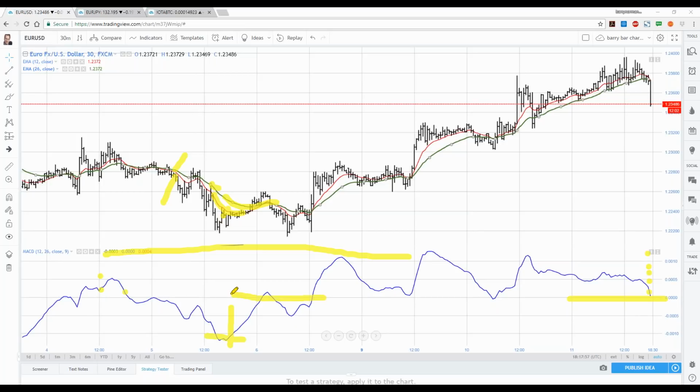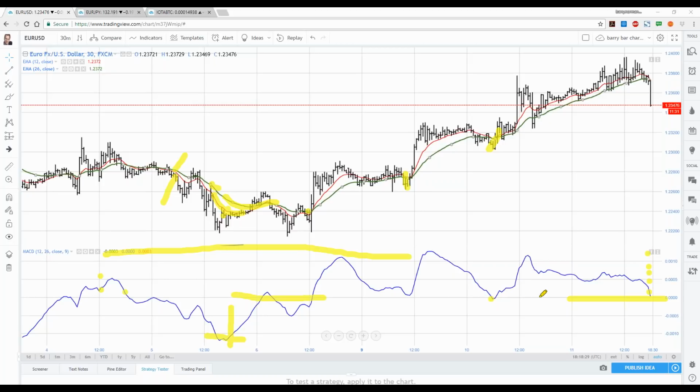Now I keep mentioning the zero line because it's significant. Because what do you think the value of the 12-period moving average minus the 26-period moving average is when they cross over each other? When you subtract one from the other and they're crossing over, they're always at zero.